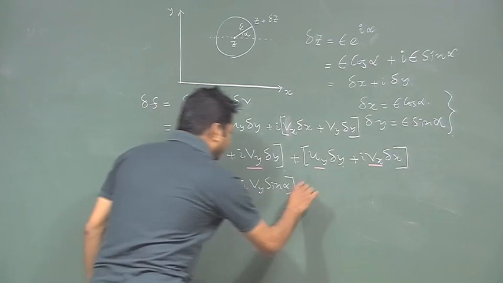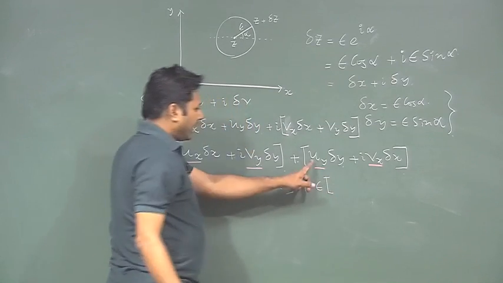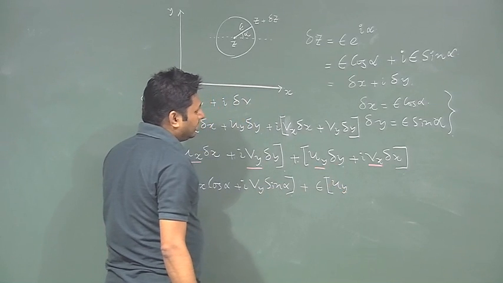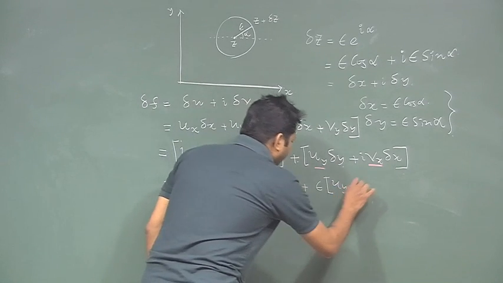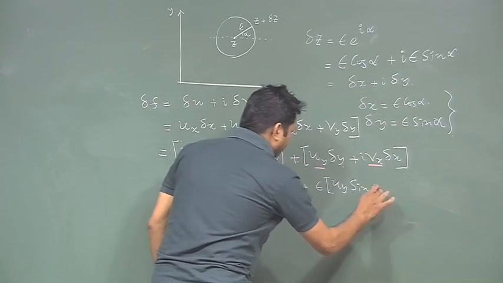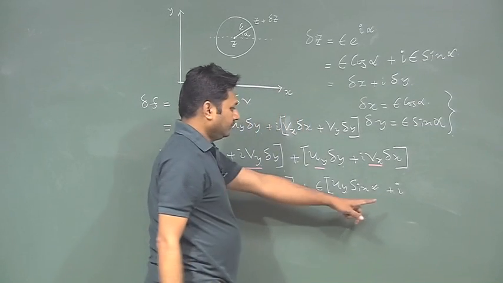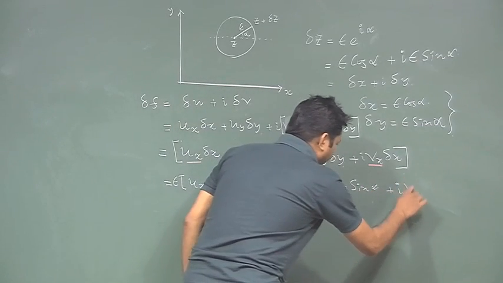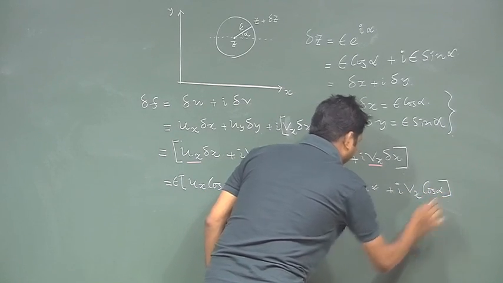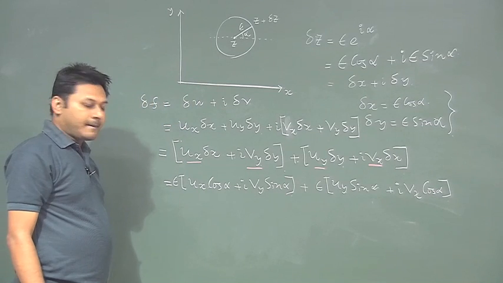The second expression, again I can take epsilon outside, and u_y is here. Delta y is how much? Sin alpha, plus i v_x cos alpha. This.